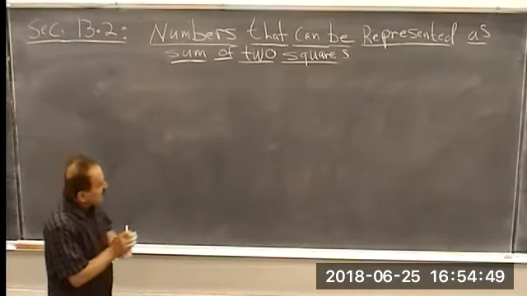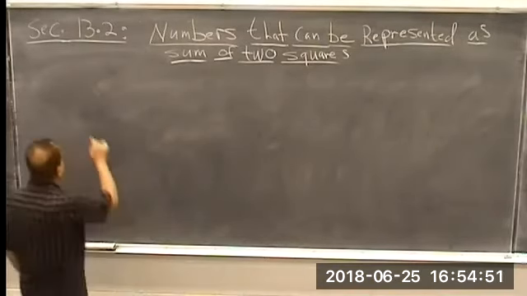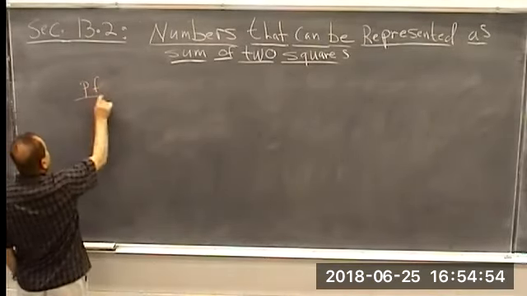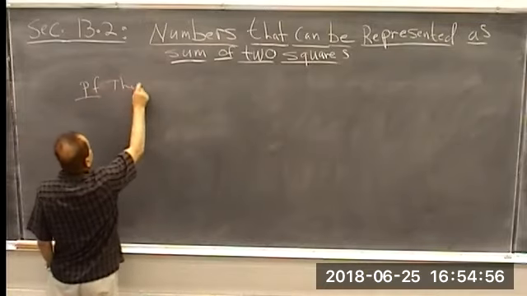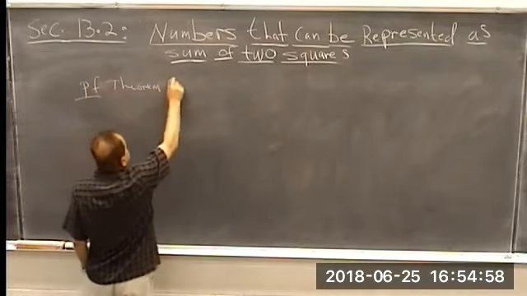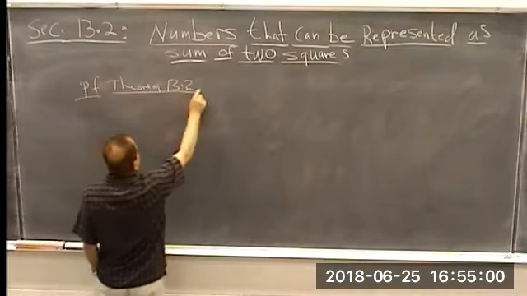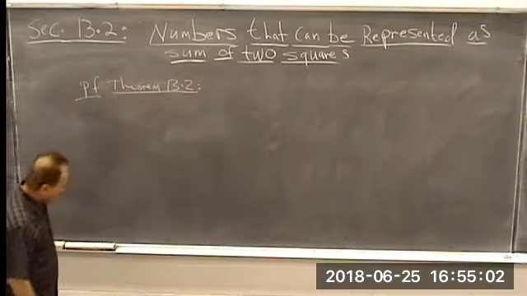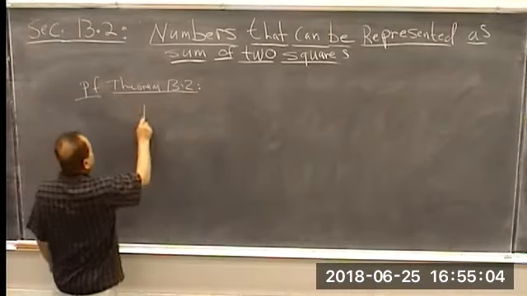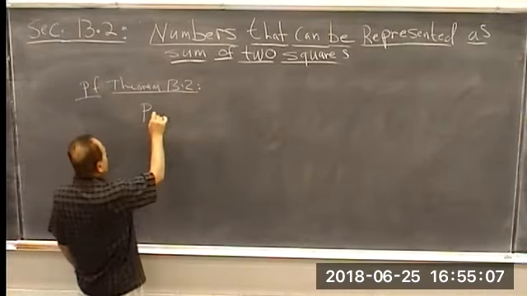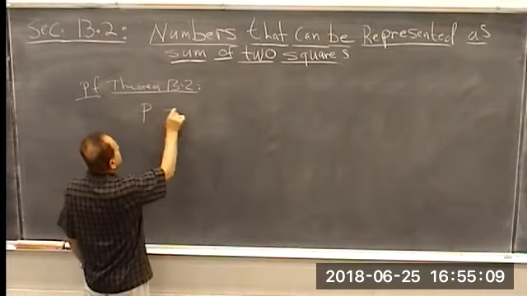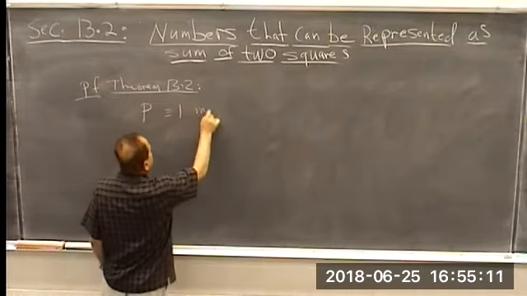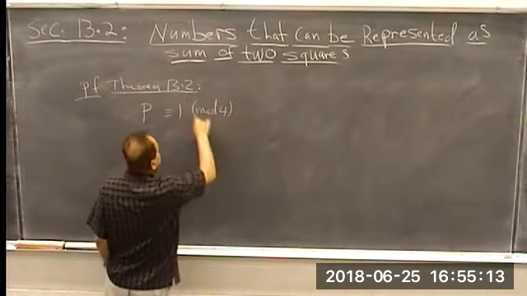All right. So we have, now, the proof of Fermat's theorem, 13 point. So we have p is a prime of this form, congruent to 1 mod 4.